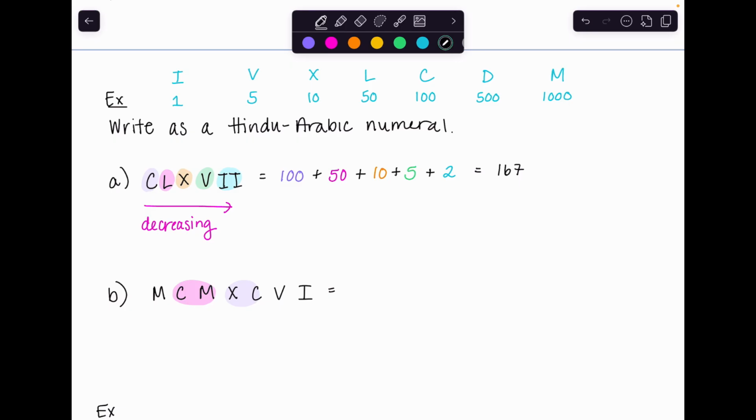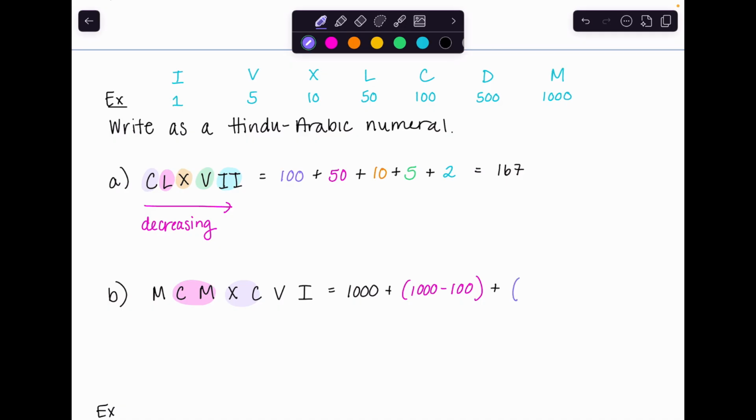So here, comparing each of these pieces, starting with M, that is 1,000. But now for this, CM means I'm going to take 1,000 and subtract the 100. So M is 1,000 and we subtract C, which is 100.